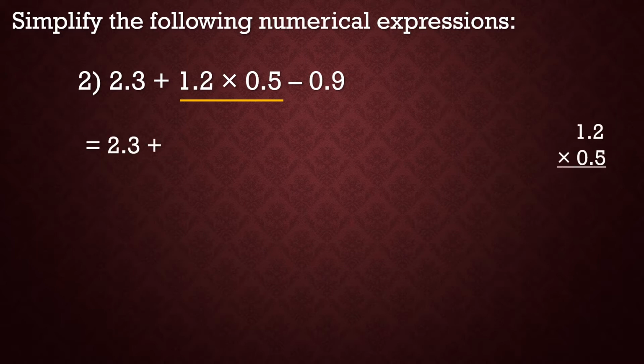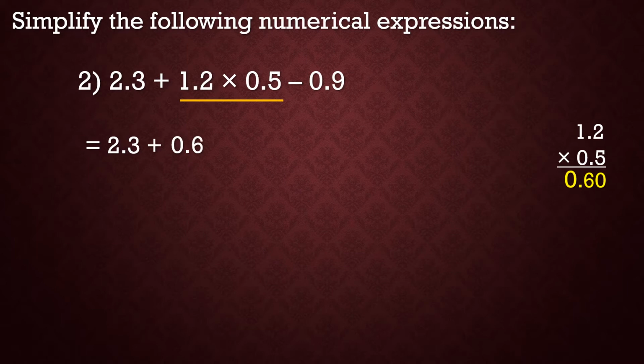And multiply the numbers ignoring the decimal point. 12 fives are 60. Now tell me, how many digits after decimal in 1.2 and 0.5? Yes, 2. So count 2 digits from the right and put a decimal. So we get 0.60. That means 0.6.